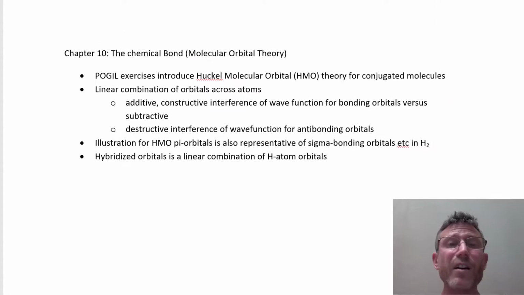And then lastly, this is very recent to us in time perhaps, but we looked at Pogil exercises that introduced the Huckel molecular orbital theory for conjugated molecules, and this was interesting to us because we could see that the electrons, we know from benzene rings, for example, that the electrons are smeared out over, in that case, 6 particular atoms.